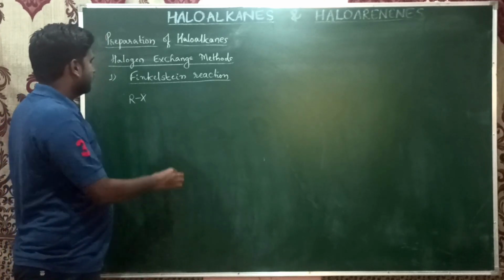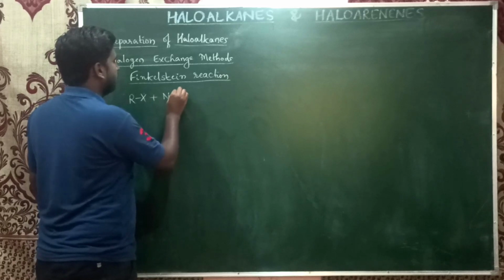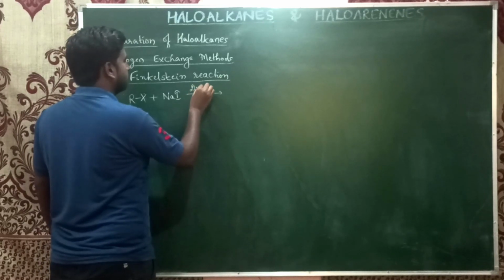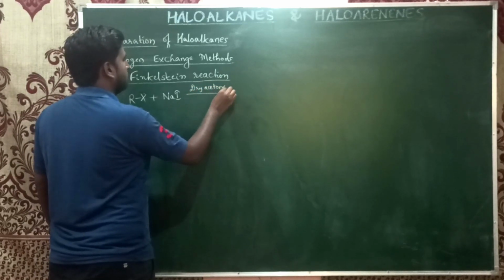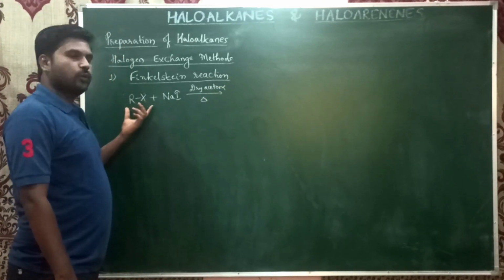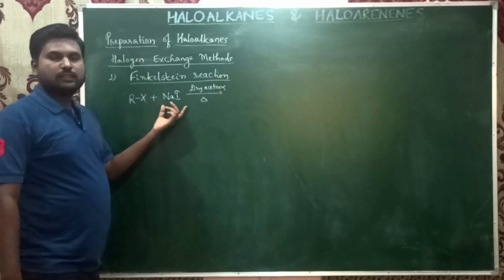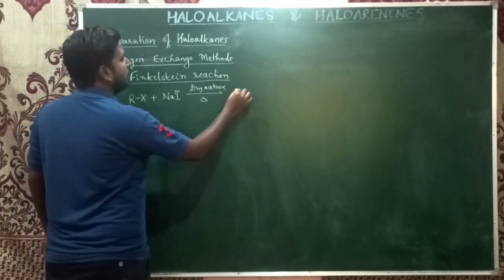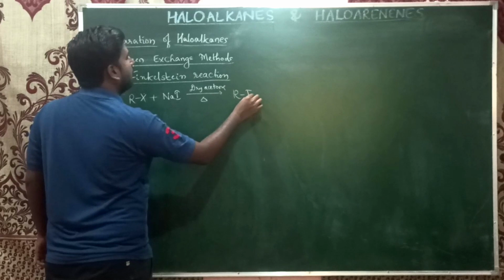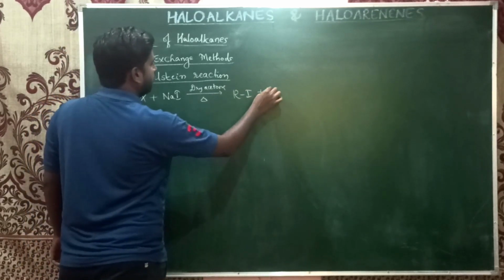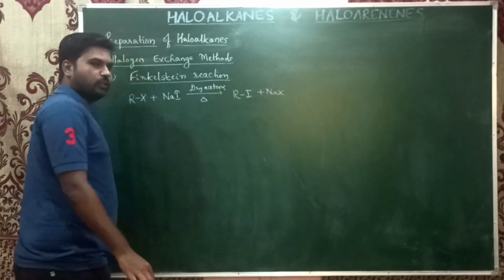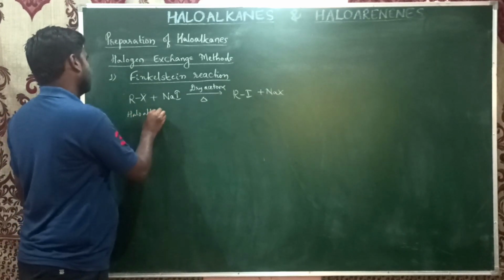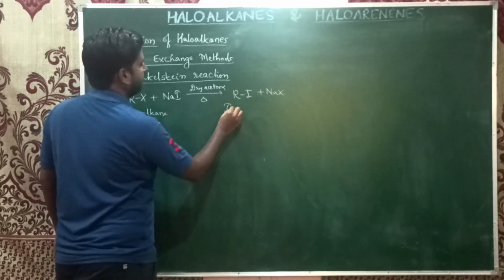When it reacts with a concentrated sodium iodide solution in the presence of dry acetone by heating, the chloroalkane or bromoalkane is converted into an iodoalkane, with elimination of sodium halide, usually sodium chloride or sodium bromide. Here we only get the iodoalkanes.